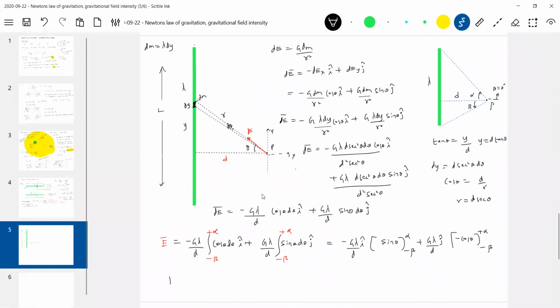The final equation will be E bar is equal to G lambda by d, sine alpha plus sine beta I cap, plus cos minus cos alpha. So this will be cos beta minus cos alpha J cap.